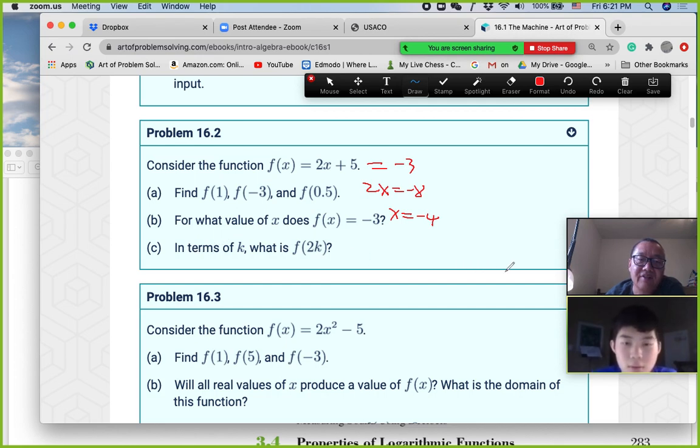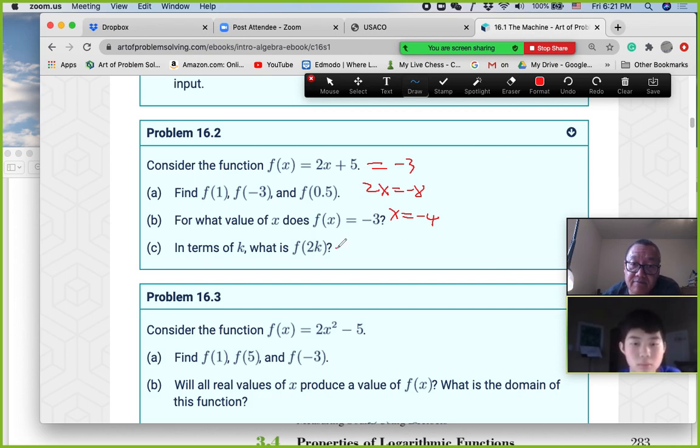Okay, C. In terms of k, what is f of 2k? Does that mean multiply by 2? Yeah, so then you need to use 2k to replace x. Then think, what do you get?